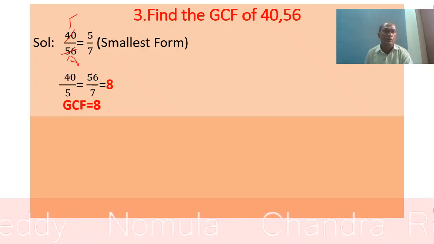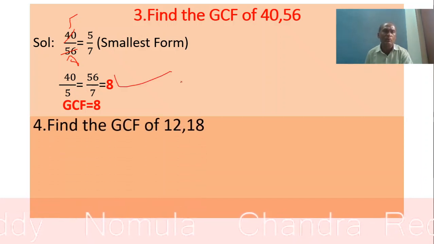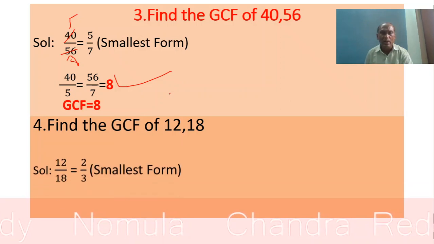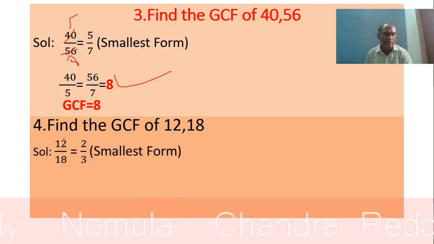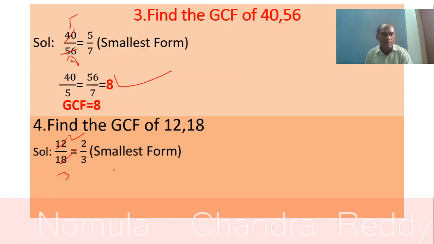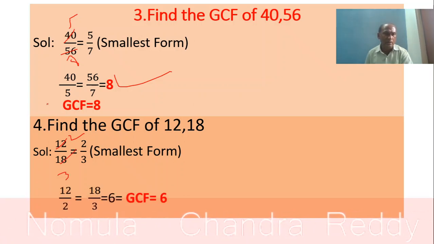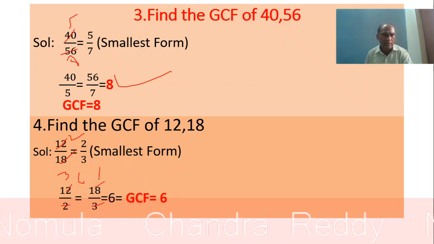Now here 40 by 5, 56 by 7. This is equal to 8. 12 and 18. 6 2 ja, 6 3 ja, 2 by 3. Here 12 by 2, 18 by 3. 2 1 ja, 2 6 ja, 3 1 ja, 3 6 ja. GCF is equal to 6.